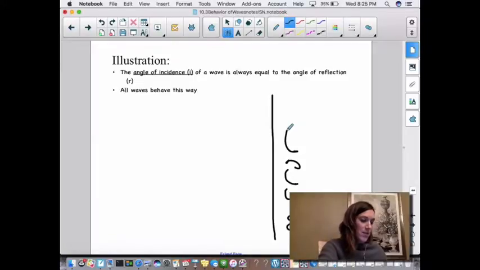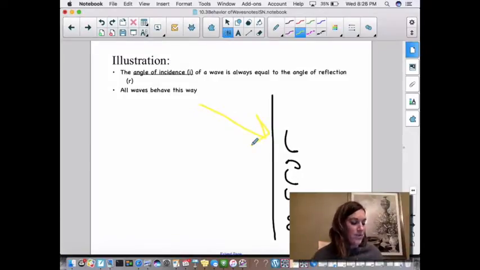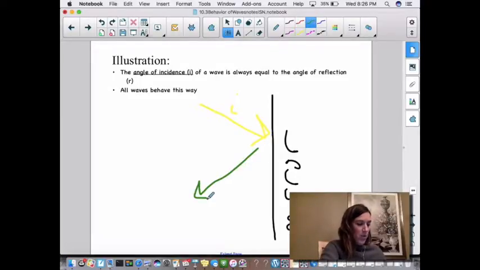So what that means is, if we have a light, let's say it's a flashlight, and we shine it towards a mirror. Okay, so again, that's the angle of incidence. I'm going to label that I. It is going to equal the angle of reflection of that wave bouncing off.